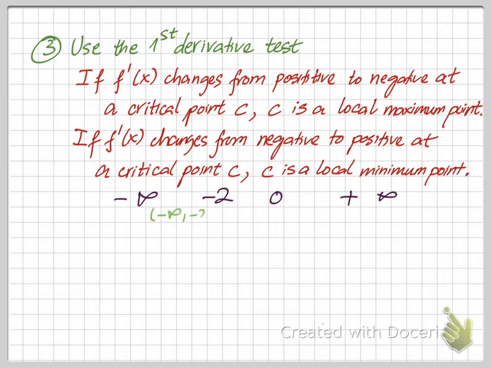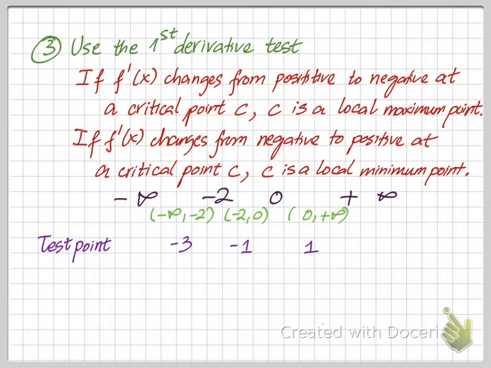Using these two critical points, we divide the whole domain into 3 different intervals, which are -infinity to -2, -2 to 0, and 0 to positive infinity. And then we use a test point for each interval. I use -3 in this interval, -1 in this interval, and 1 in this interval.